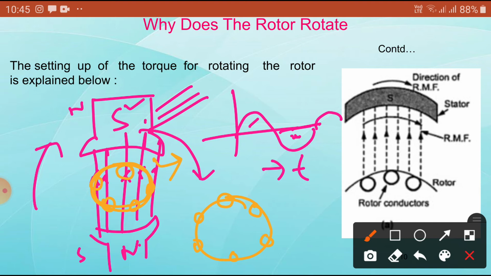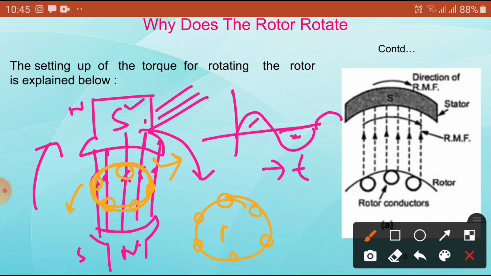Now what will happen? The rotor is stationary and the rotating magnetic field is rotating in the clockwise direction. So we just assume the rotor is moving in the anti-clockwise direction. By applying the right hand rule, the direction of the induced EMF in the rotor is found to be outwards.